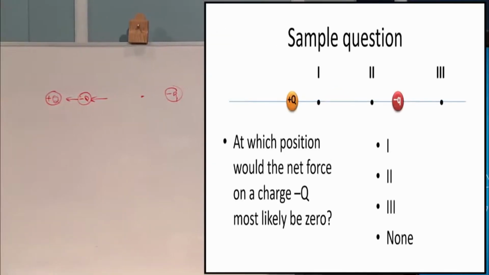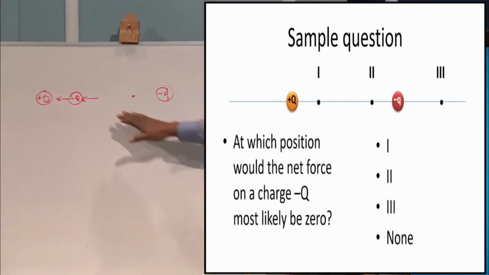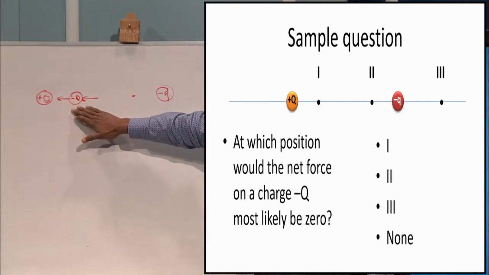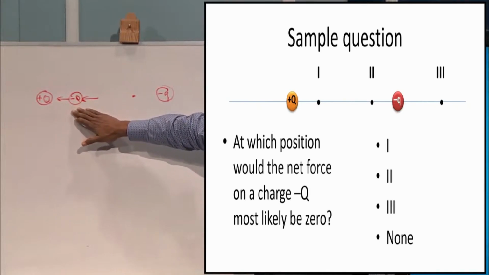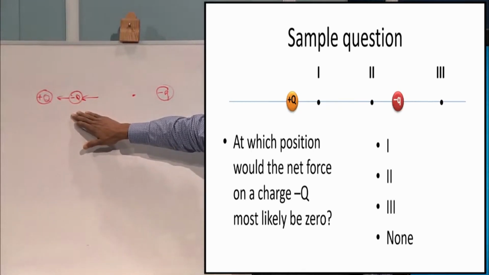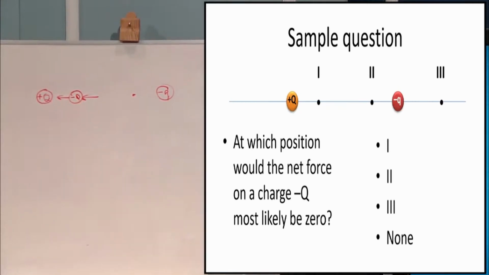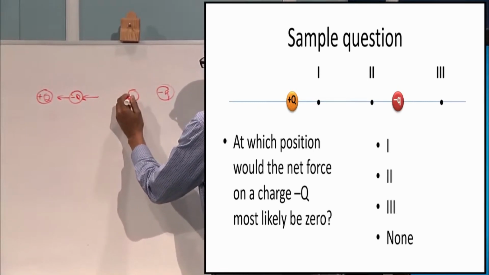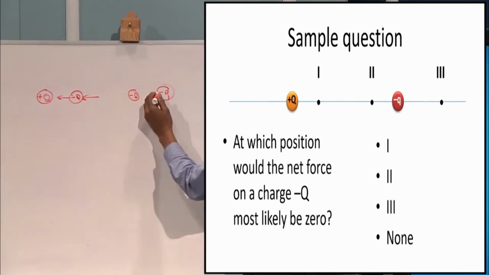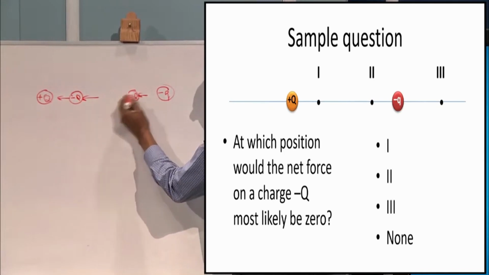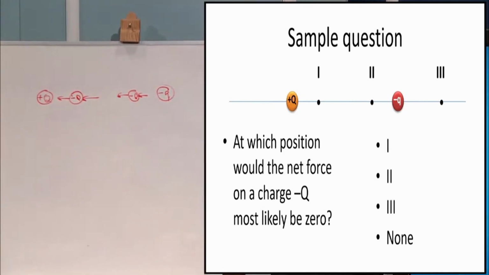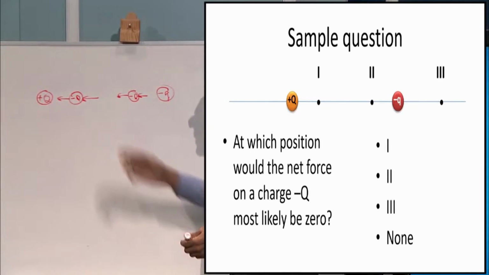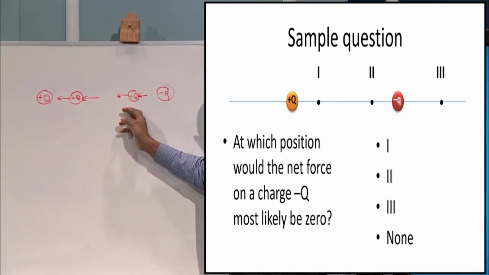So that is what the negative Q will experience at this position. These two could never add up to 0 because they're both in the same direction. Then if I put the negative Q here again, this will experience a force this way, and this will experience a force that way. So it is not likely that these two could ever add up to 0.